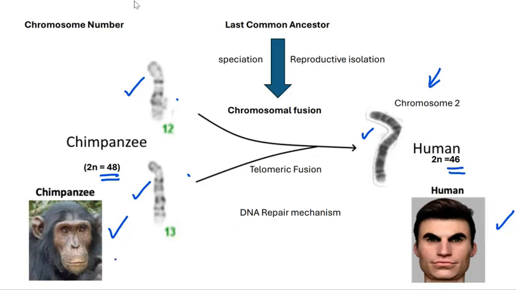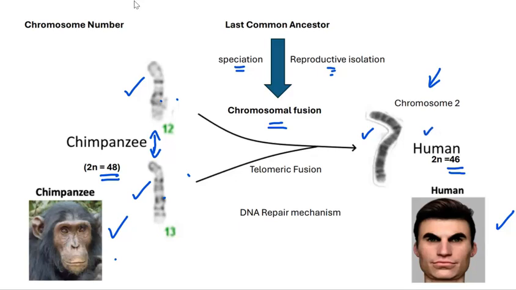Whilst the chimpanzee and human beings are well established as having gone through a speciation event and have reproductive isolation from each other, we find evidence of that isolation in what is called chromosomal fusion, in which chromosome 12 and chromosome 13 in the last common ancestor would appear to have joined together to form chromosome 2.